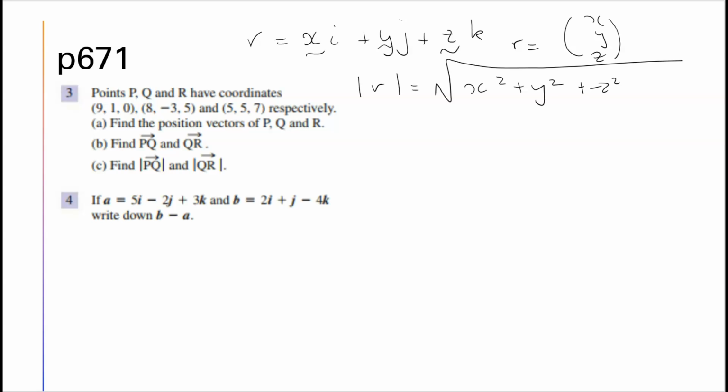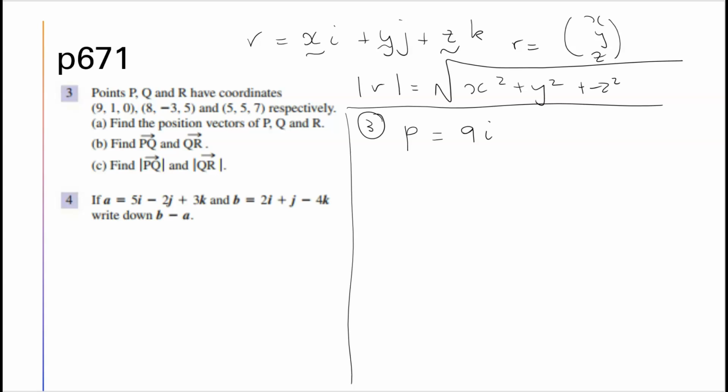So question 3 over here, if we've got those 3 points, then P is going to be 9i plus j, and there's no k. Q is going to be 8i minus 3j plus 5k. I can't bold them. I'd really like to bold them. And R is equal to 5i plus 5j plus 5k.